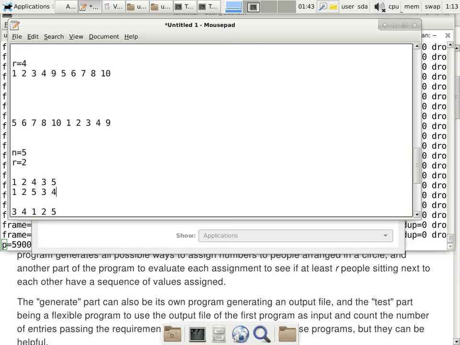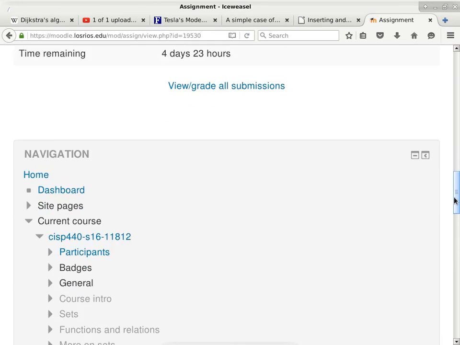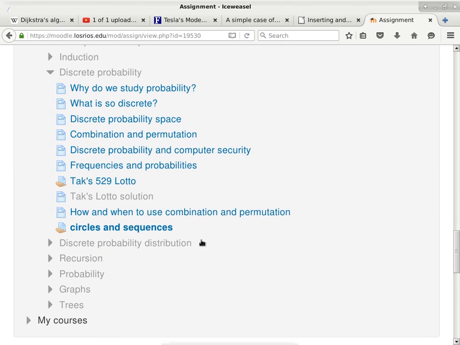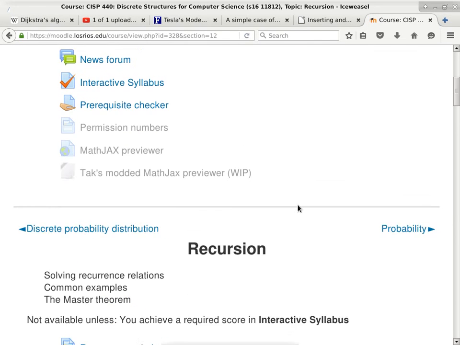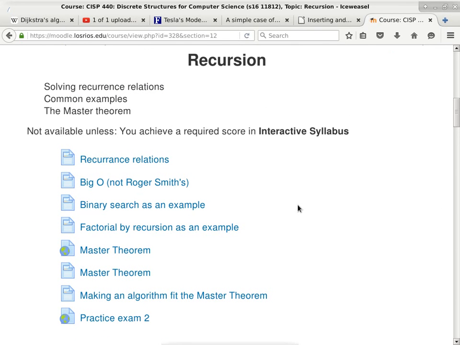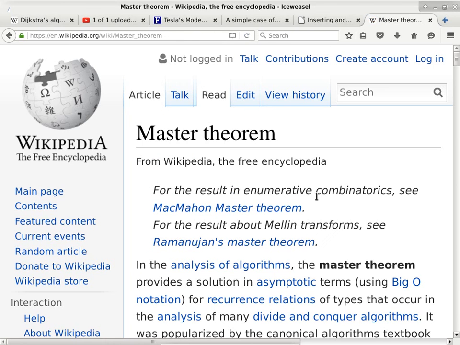So I will give you a preview of where we are going next, since we spent a lot of time talking about the homework assignment. We are going to be done with this and will move on to recursion. The recursion slides are interesting because they talk not just about recursion itself, but about recurrence relations. In other words, algorithms that are recursive, and there's a thing called the Master Theorem, which I think is an awkward name for a theorem.